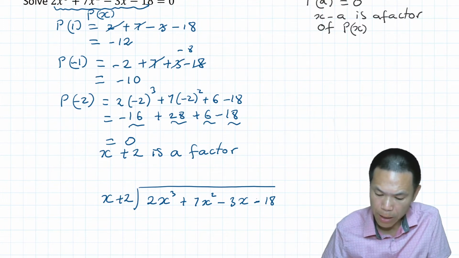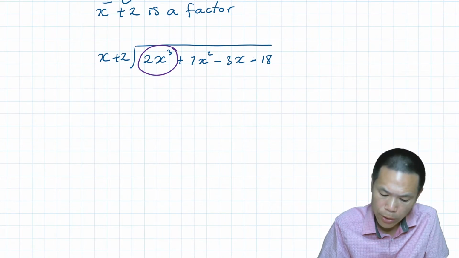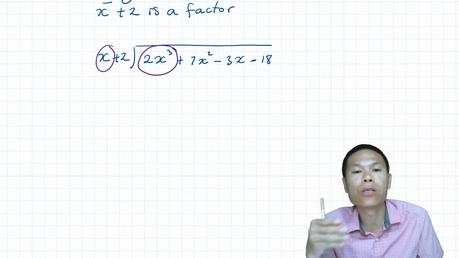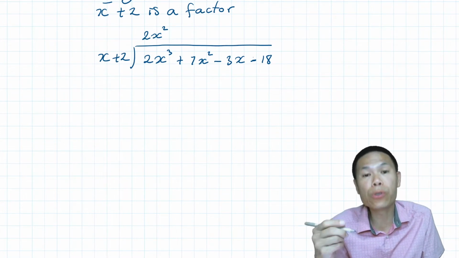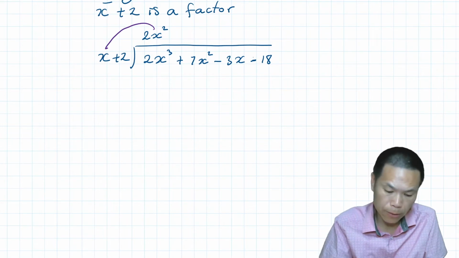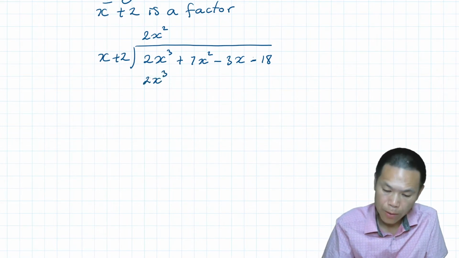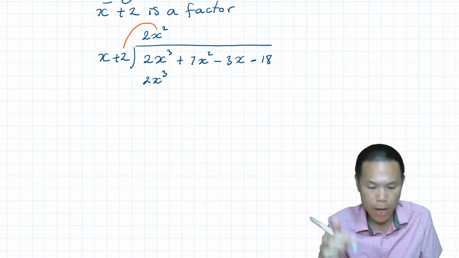So let me move this up. Now we use 2x to the power of 3 divided by x, so that is 2x squared. And then 2x squared times x gives me 2x to the power of 3, and 2x squared times 2 is 4x squared.